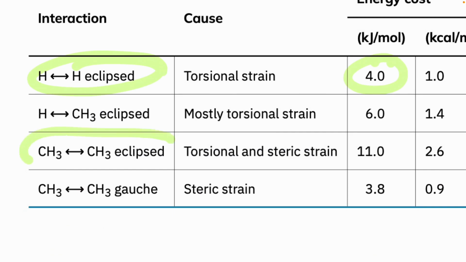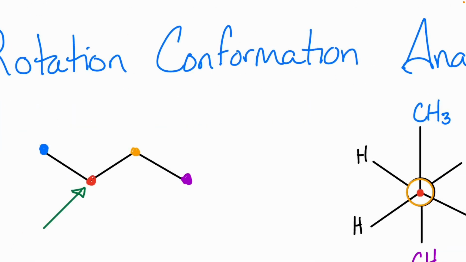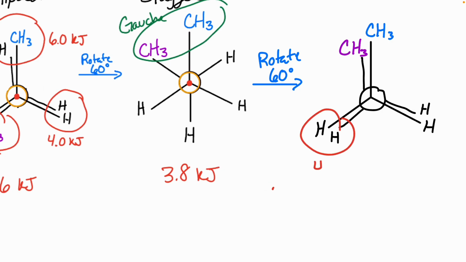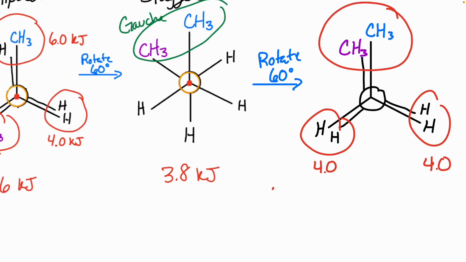But now we got this super high energy methyl-methyl eclipsed that has a penalty of 11 kilojoules. So that brings us to a total of 19 for that structure. These are 4 each, and then methyl-methyl eclipsed is 11, bringing us to a total of 19 kilojoules.